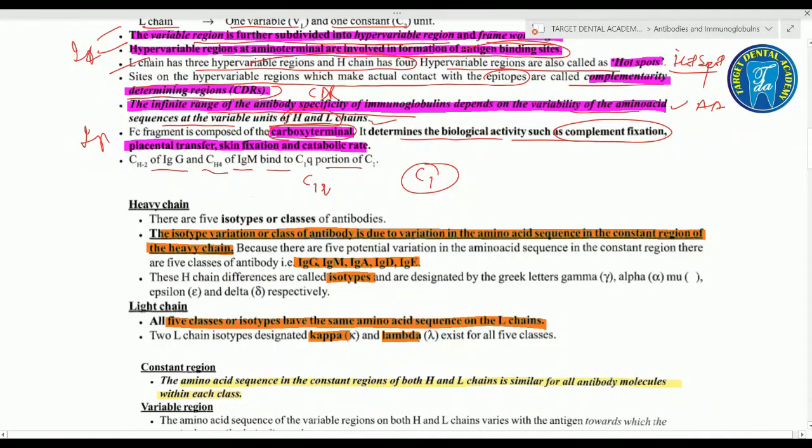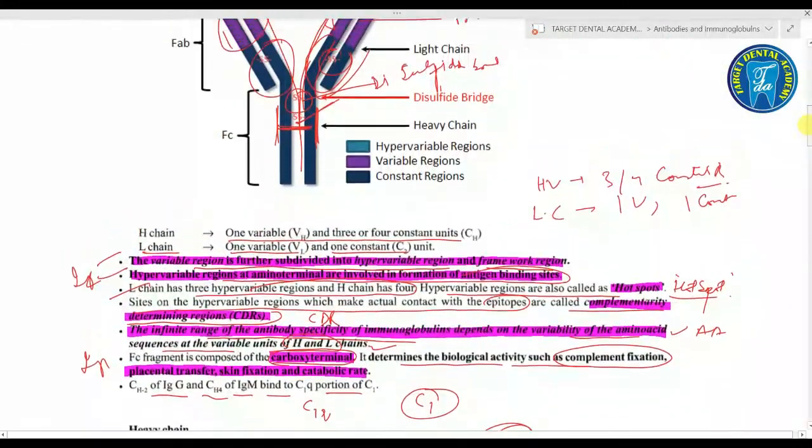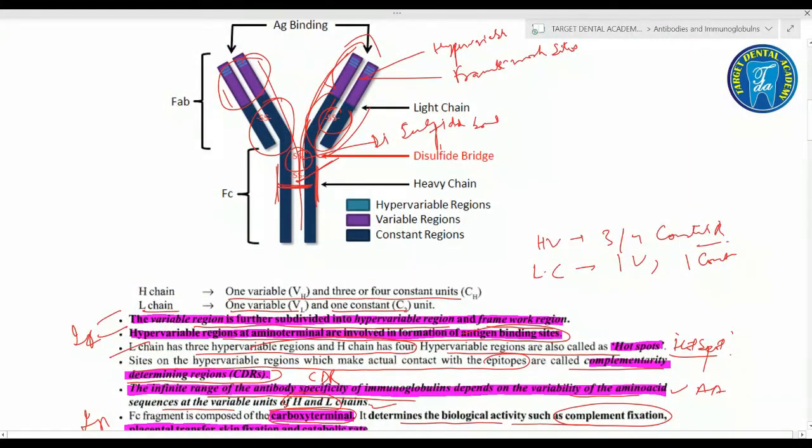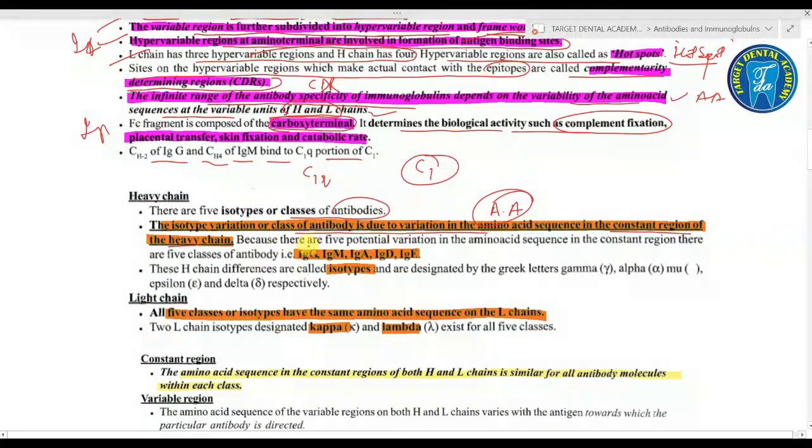Now coming on to the heavy and light chains. First of all, let's discuss the heavy chains. There are 5 isotypes and classes of antibodies. The isotype variation, or class of antibody, is due to variation in the amino acid sequence in the constant region of the heavy chain. Because there are 5 potential variations in the amino acid sequence in the constant region, there are 5 classes of antibodies.